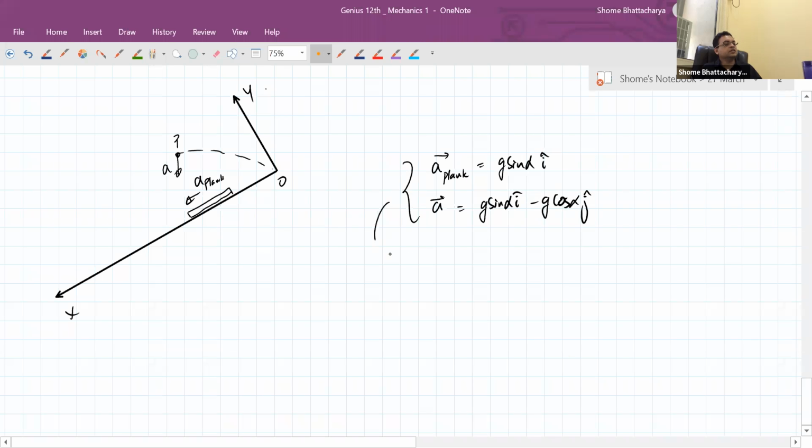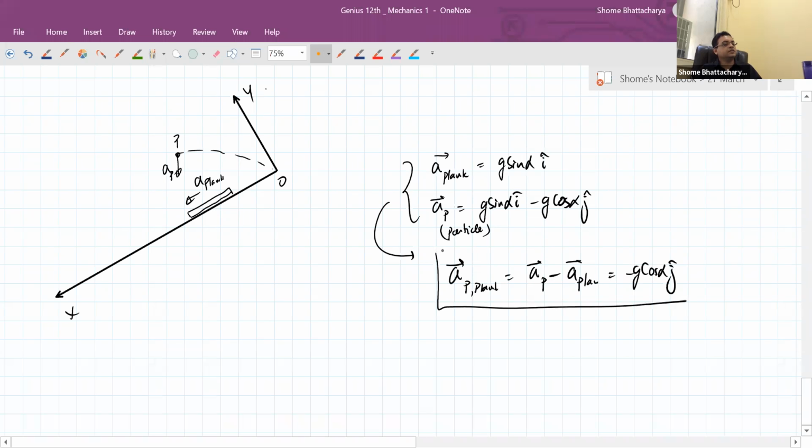So the acceleration of the particle with respect to the Planck is the acceleration of the particle in the ground frame minus the acceleration of the Planck in the ground frame. That is just minus g cos alpha j cap.